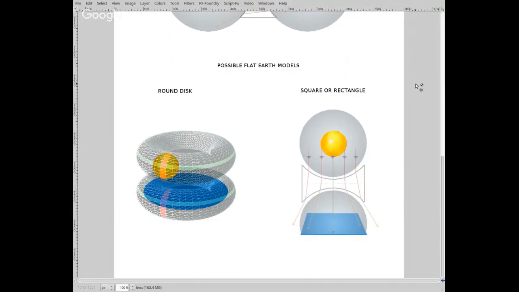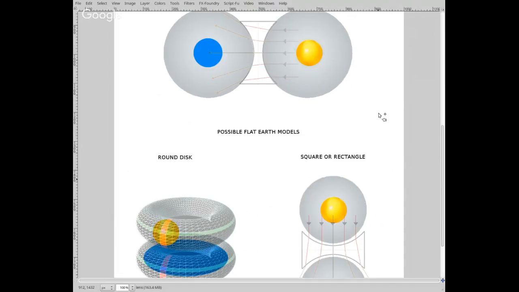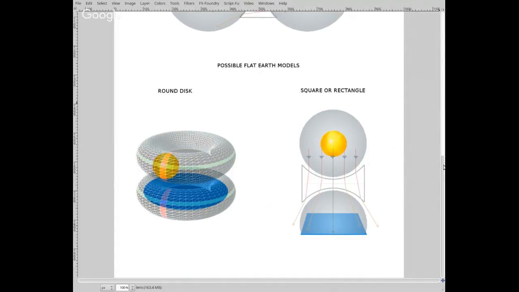Of course, all flat models are geocentric, but they have a flat Earth. But regardless of the shape of the Earth, you must have between the sun and the Earth a double concave lens.